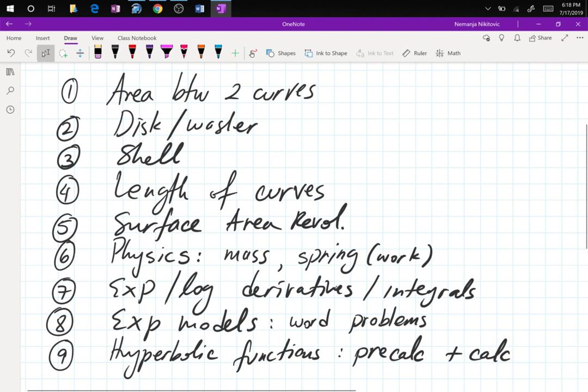So, area between two curves, integral a to b, you have f minus g dx, let's say. Disk and washer, integral a to b, you have pi times f squared minus g squared dx.